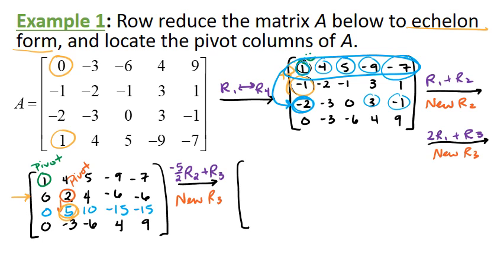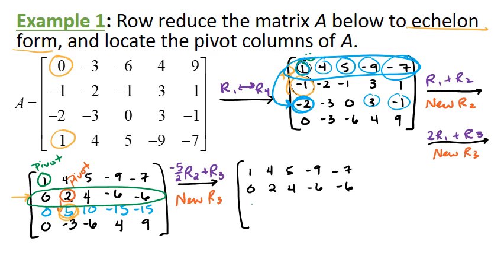I will end up with a first row that remains the same, 1, 4, 5, negative 9, negative 7. The second row is the same, 0, 2, 4, negative 6, negative 6. Now row 3 is different. So I'm going to take negative 5 halves times everything here.